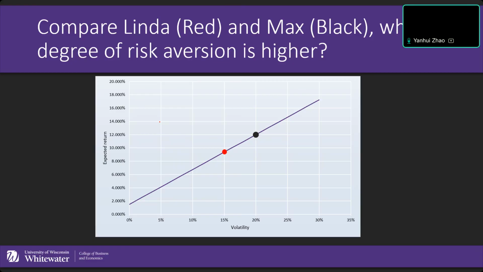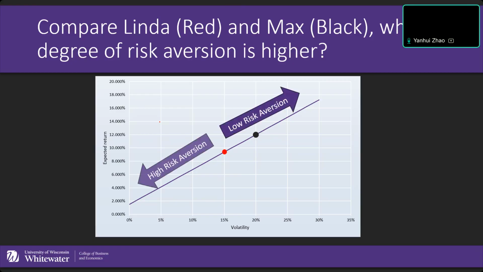Whose degree of risk aversion is higher? How many of you think Linda's degree of risk aversion is higher? How many of you think Max's degree of risk aversion is higher? No one? Okay, that's good.